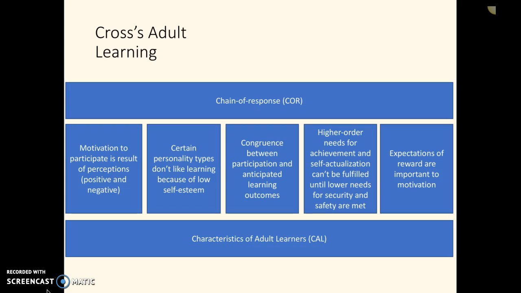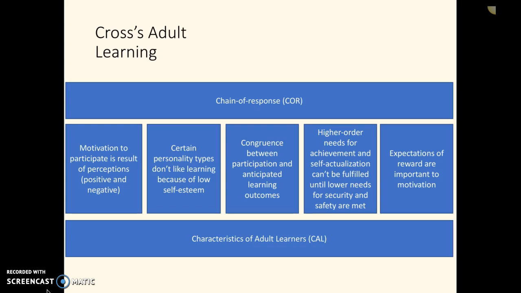There's congruence between participation and anticipated learning outcomes. Higher order needs for achievement and self-actualization can't be fulfilled until lower needs for security and safety are met. Expectations of rewards are important to motivation.